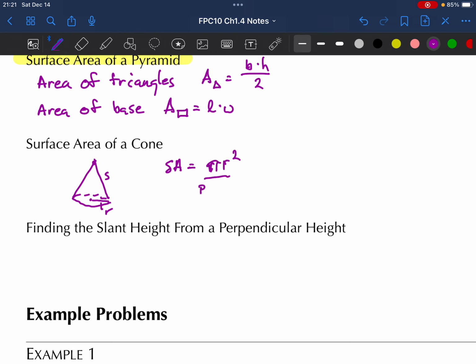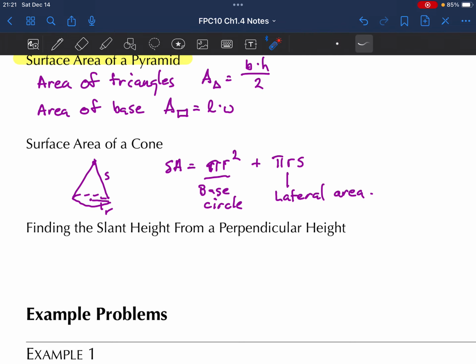This is the base circle. We sometimes leave the base circle off. Plus pi r s. This is the lateral area. So sometimes we'll cut the base circle out and we won't do the base circle because we just want the lateral area. Sometimes you have to do both of them.